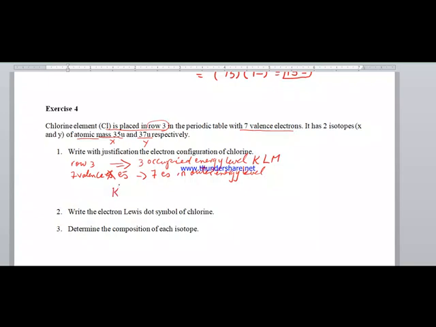Then we have K2, L8, and M7. This is the electron configuration of the chlorine atom.